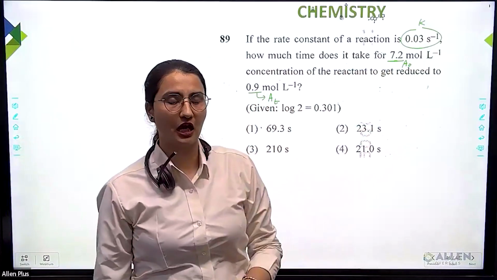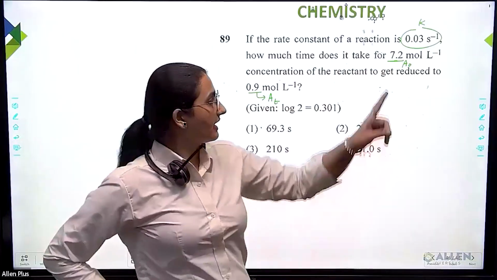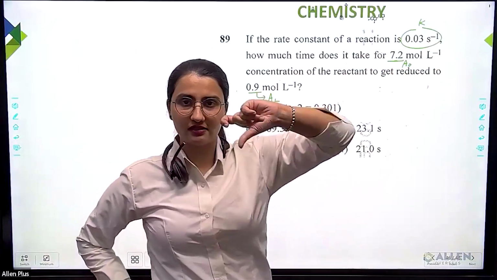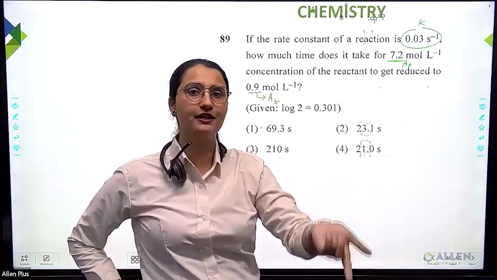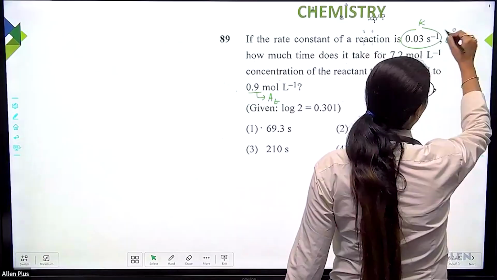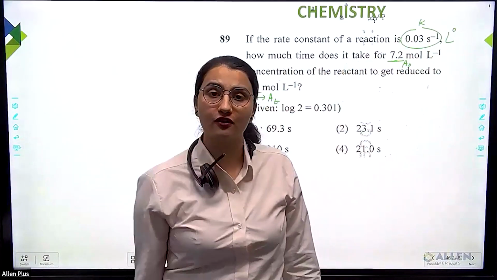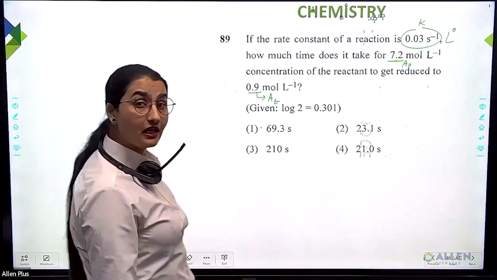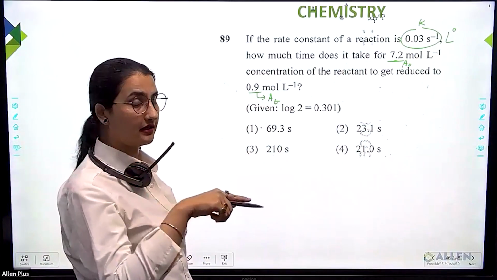You know how to get the order of reaction, then only will you apply the formula. In the rate constant units, whatever is the power of L, liter, you add 1 to it. That gives you the order. Here L is 0, right? If I add 1 to it, what is the order of reaction? 1. So I'll go with the integrated rate equation of first order kinetics.